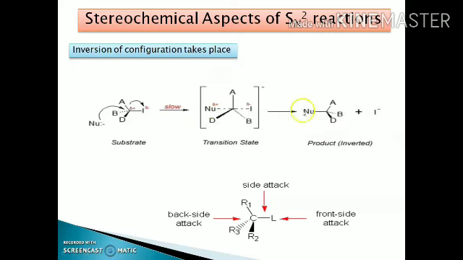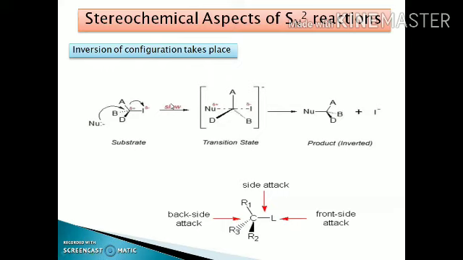In the SN2 mechanism, for an optically active alkyl halide, the product formed has an inverted configuration compared to the reactant.